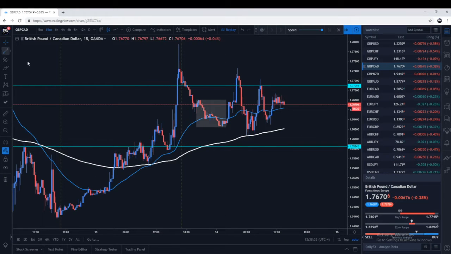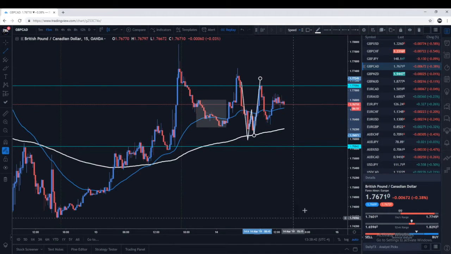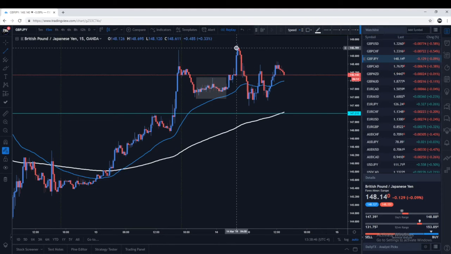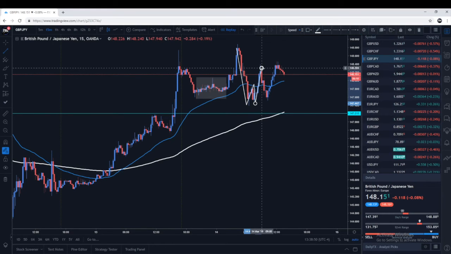What did they do? They gave you another setup right back, right? So they gave you a second setup right back into the US session. And that pullback was about 50 pips.